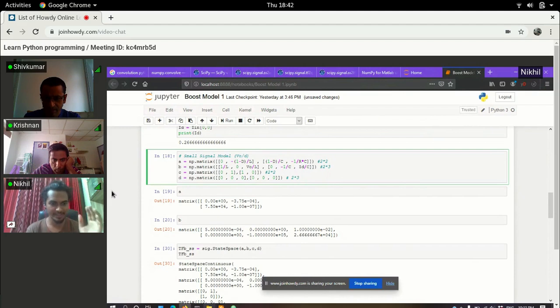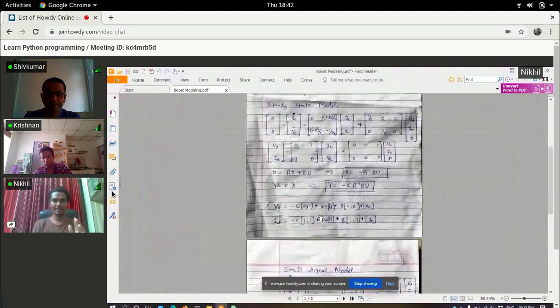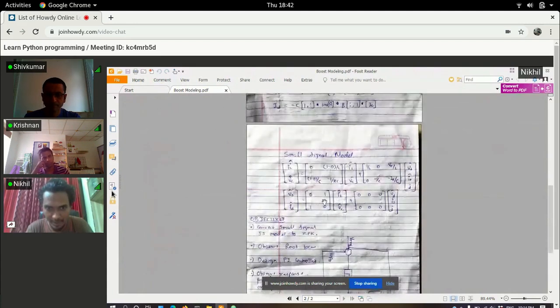Okay, so let's define what is the problem. Define what we want to achieve. So basically, our transfer function should be VO by D, which means VO cap by D cap. In this output matrix, VO is associated with the first row.